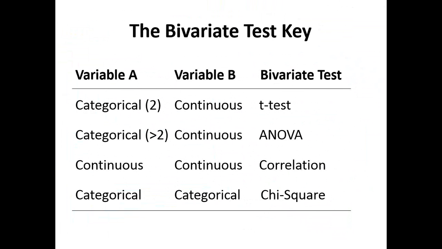So for example, if you have a categorical variable with 2 categories and a continuous variable, it's the t-test, the independent samples t-test. If it's categorical with more than 2 categories, paired up with a continuous variable, it's ANOVA. The third line says if it's 2 continuous variables, a correlation, and the fourth line says if it's 2 categorical variables, the chi-square.